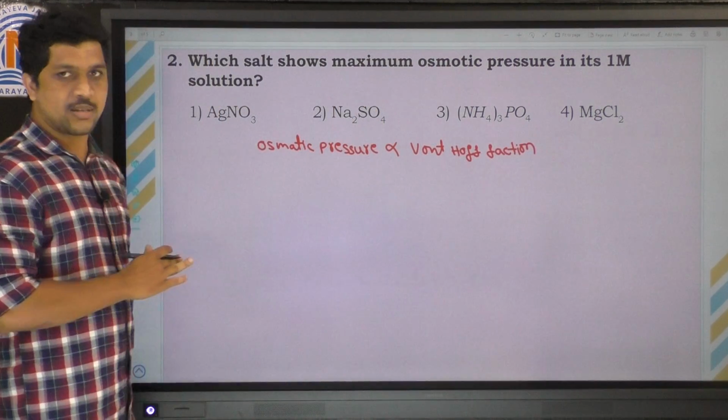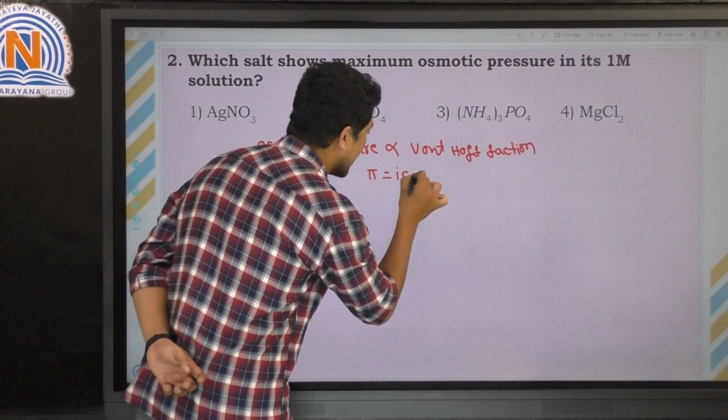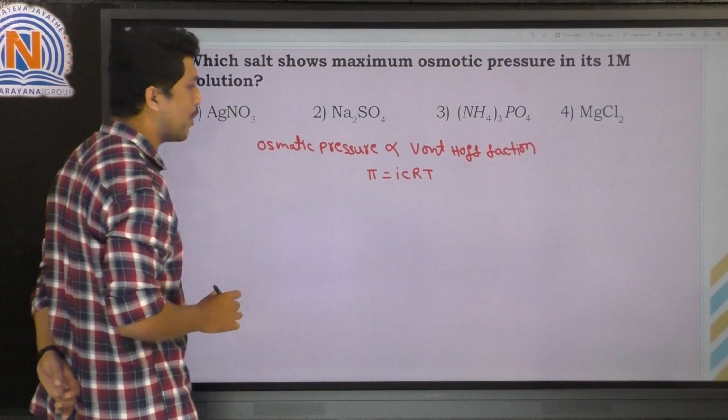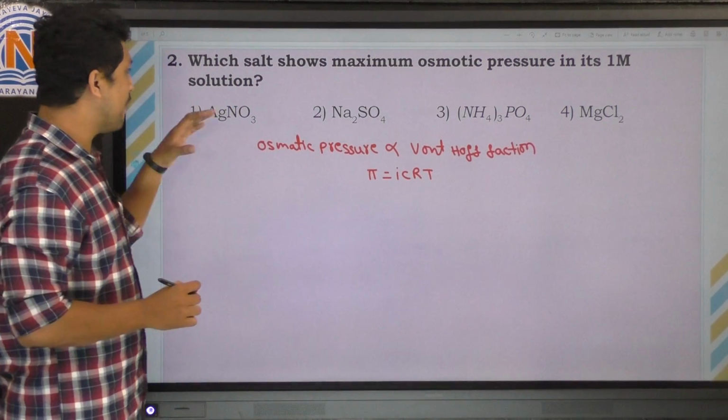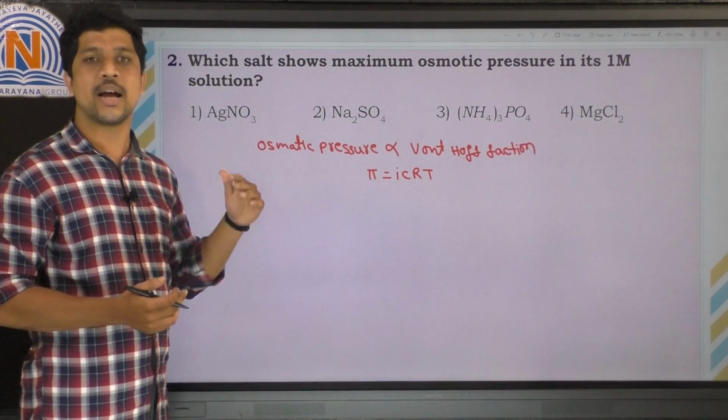So all the concentrations are the same, that is pi equals iCRT. The salt which has the more number of ions has the highest osmotic pressure.